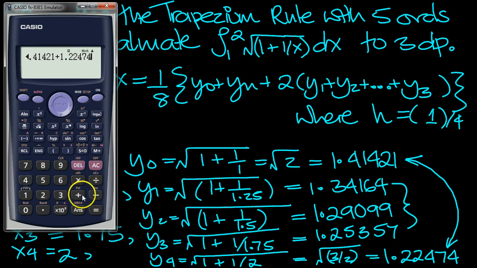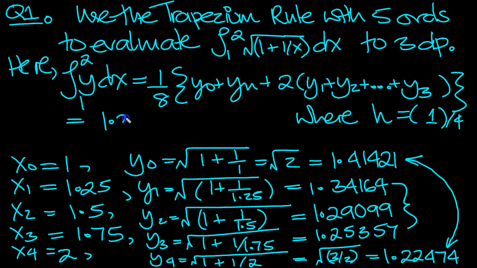That's those two done, plus 2 times bracket again, these three added up together, 1.34164 plus 1.29099 plus 1.25357. Close that bracket for the 2 times, close the end bracket, and then to 3dp it's 1.301, isn't it? 1.301, and that was to 3 decimal places.